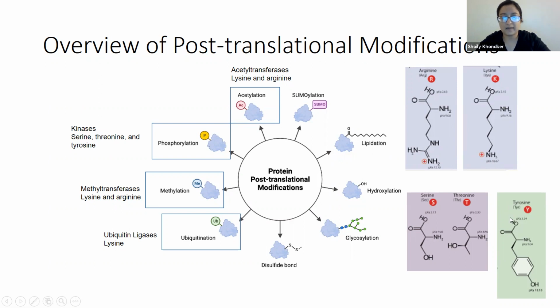In addition, tyrosine phosphorylation is also associated a lot of times with intracellular signaling, because this often occurs at the membrane. Tyrosine being a hydrophobic residue, it's often found at membrane receptors. And the last modification I want to talk about is ubiquitination, which is carried out by ubiquitin ligases, and this specifically targets lysine residues.